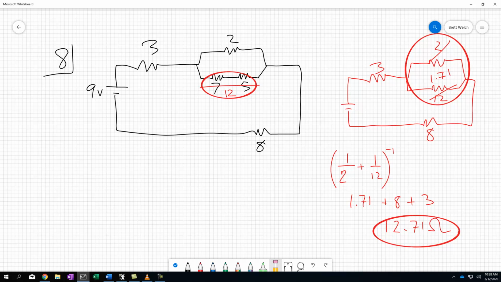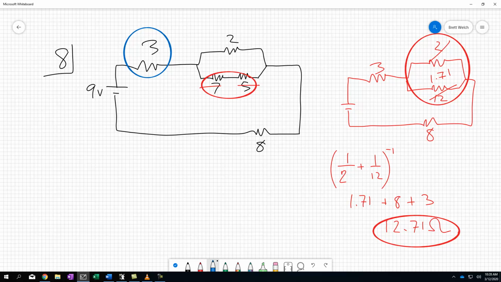Question 10 asks us to find the voltage loss across the 3 ohm resistor. Now I want to make this clear. In this problem, it's really easy to find the voltage loss. But I can ask for the voltage loss across any resistor I want. So I'm going to do this one, but I'm going to show you how to find it on every single one.